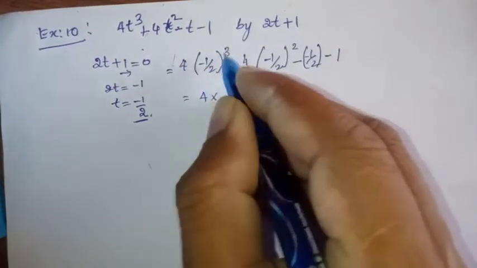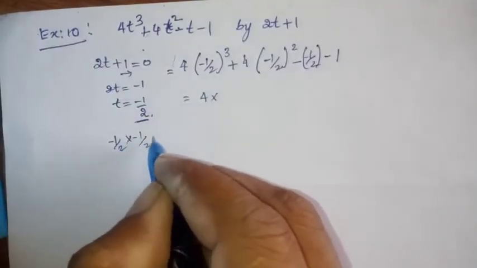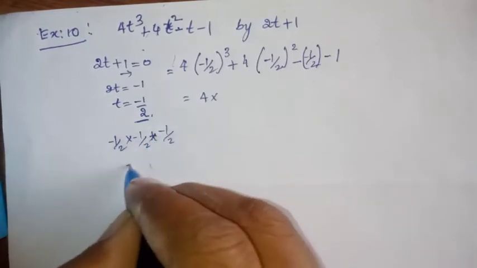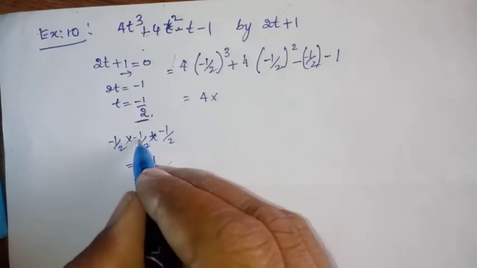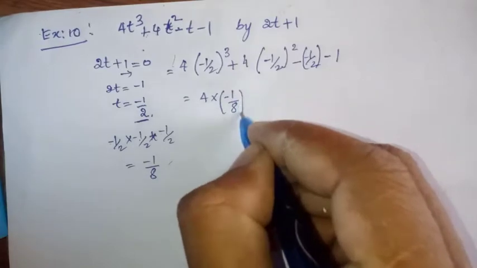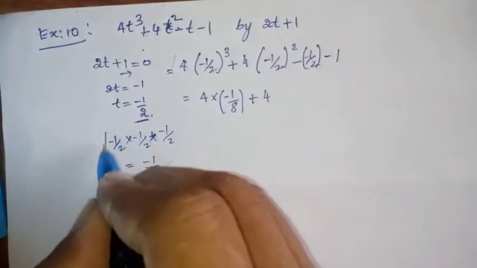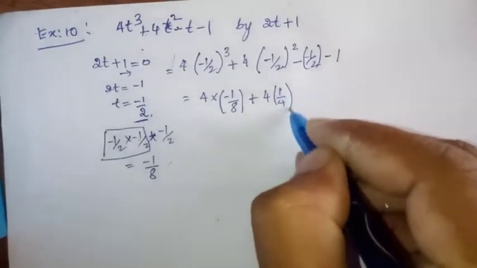4 into minus 1 whole cube means minus 1 into minus 1 into minus 1. Okay, now if you multiply you will get minus 1 by 2. Minus into minus is plus, plus into minus is minus. The answer is minus 1 by 8. Here plus 4 into 1 square, you have to consider only 2, then minus into minus is plus, that's 1 by 4.